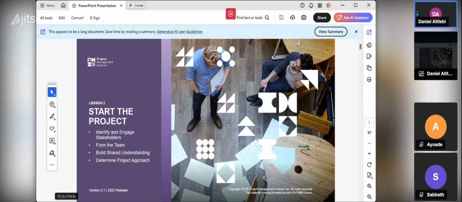So you must first understand the kind of project you are managing or about to manage. Then it helps you to determine the project approach. When I say project approach, we are talking about which methodology you are going to use. So that is what you are going to learn under lesson 2.